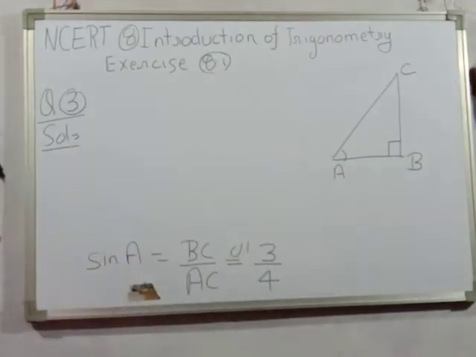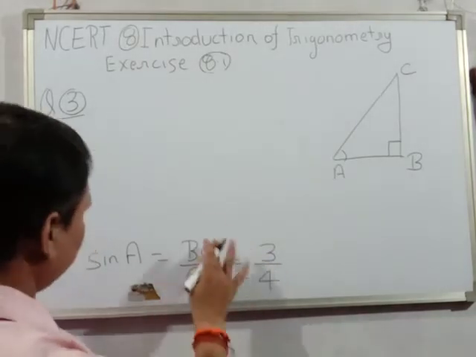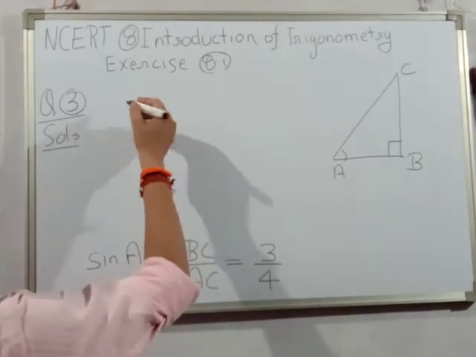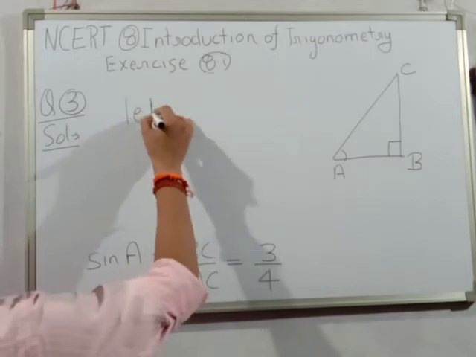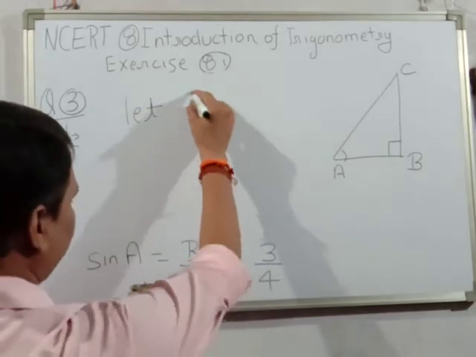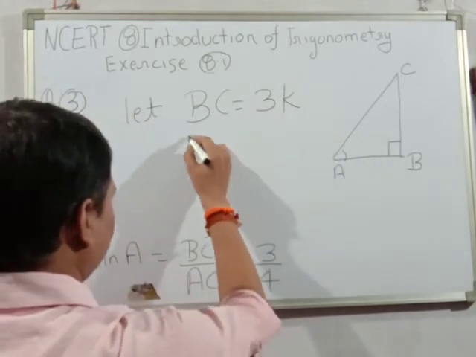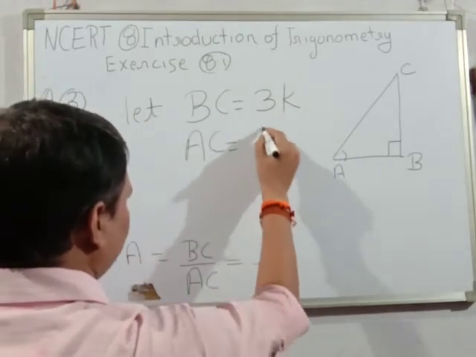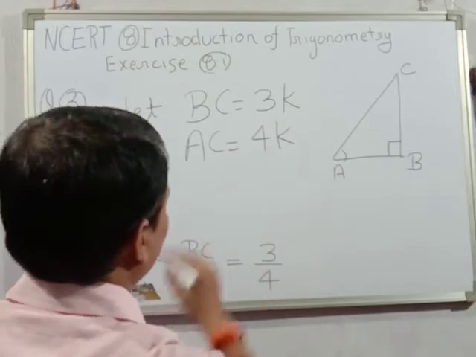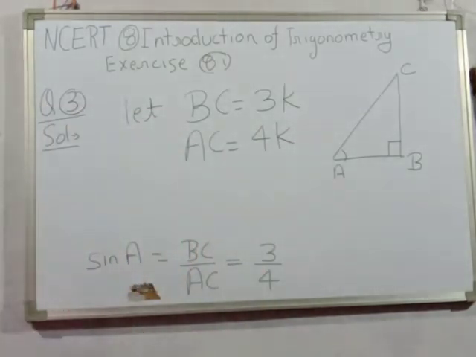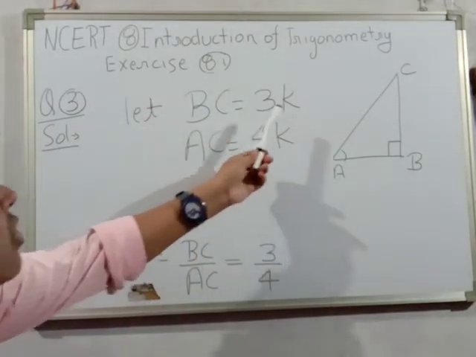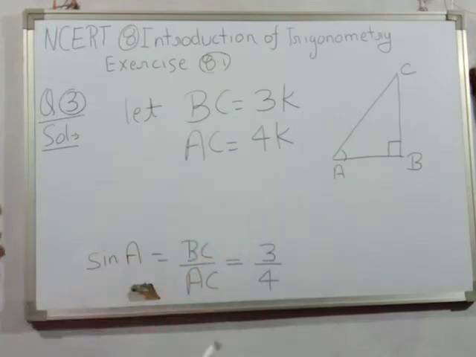Let BC be equal to 3K and AC be equal to 4K.